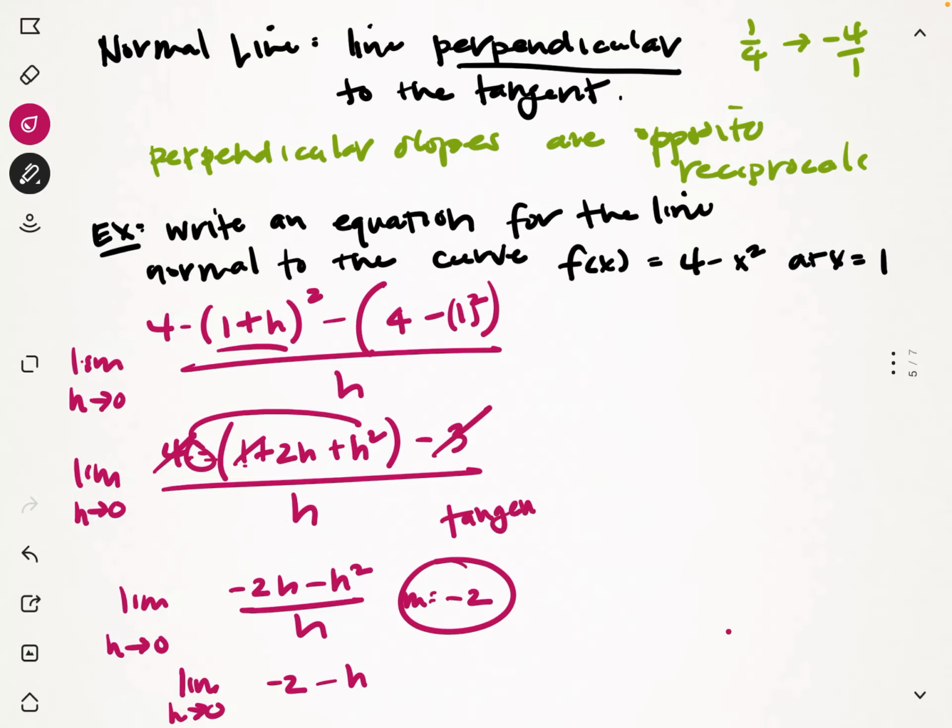So the opposite reciprocal would be the normal. So the opposite sign would be positive, reciprocal 1/2. So this is the slope we're looking for. And we're using this point. Oh, well, I guess we don't have the y, so let's change this color here. If we plug x into our function, 4 minus 1 squared is 3, so y equals 3, x equals 1. Now we have enough to fill in our point slope form.